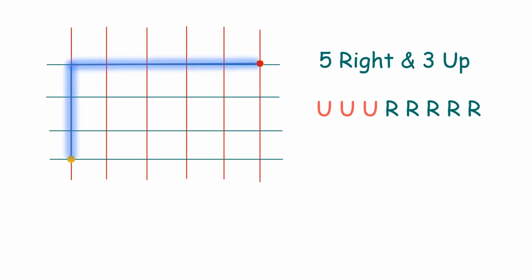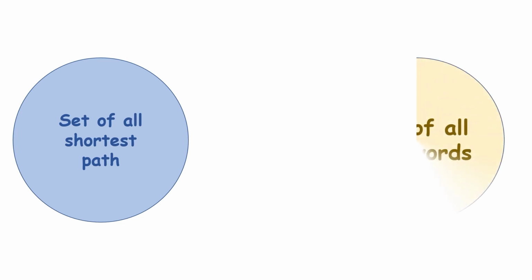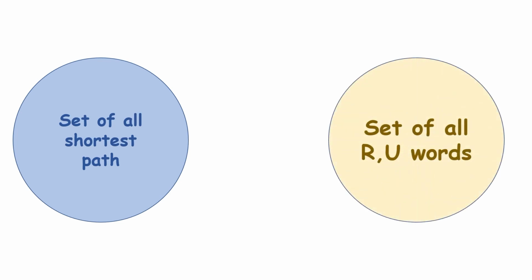So we can understand that each of the shortest paths is uniquely connected to one of these RU words, that means a word with 5 R's and 3 U's. So if we count the number of all such RU words, or all arrangements of R's and U's, that will be exactly equal to the set of all shortest paths.